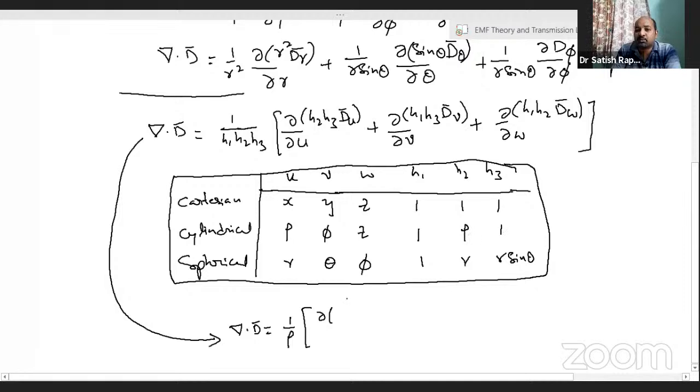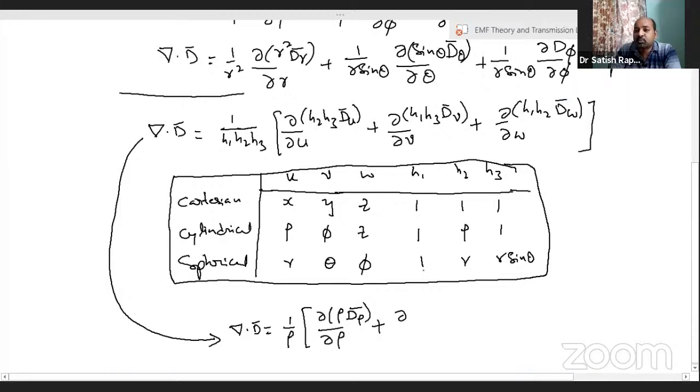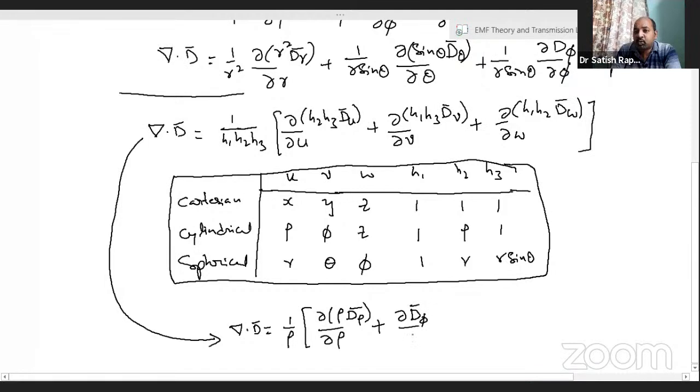Rho. h3 is 1. So rho D_rho, since u is rho, by dou rho. Plus dou by dou v of h1 h3, which are both 1, D_v, where v is phi.